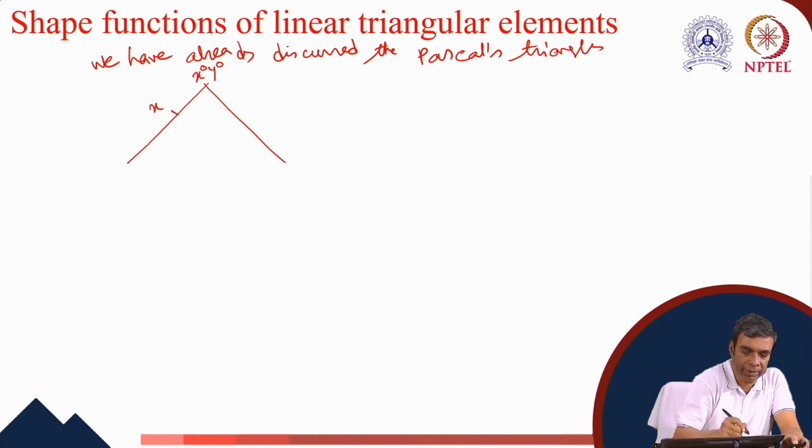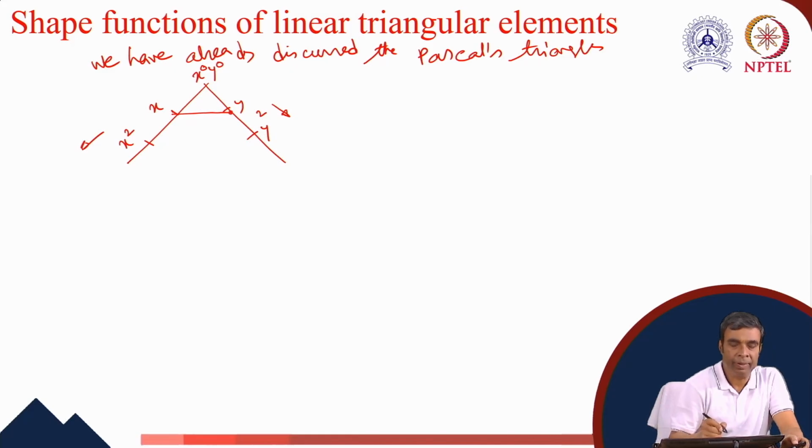This is x, this is x square, and so on. Here we have y, then we have y square, and so on. So if we join the term x, y and x to the power 0, y to the power 0, then the triangle which we obtain, this is known as the linear triangular element. So for the linear triangular element, we have 3 nodes.